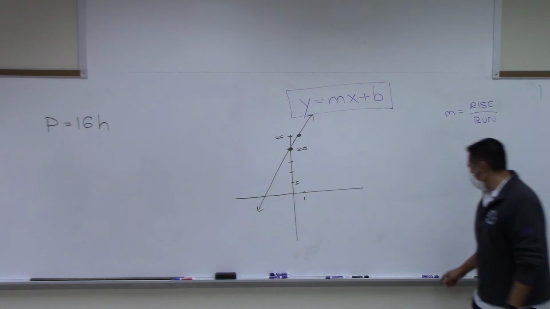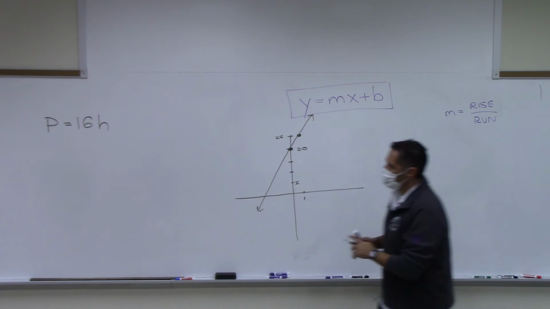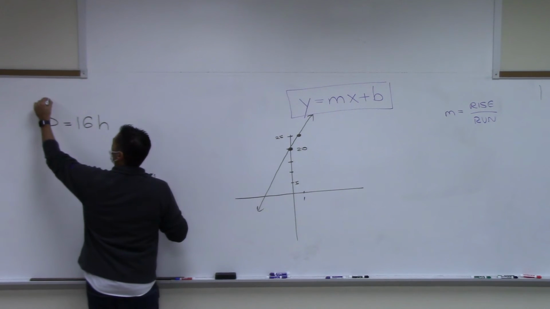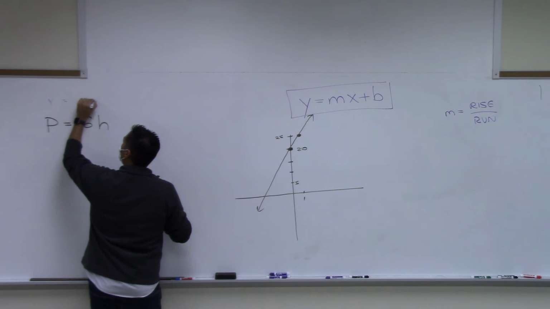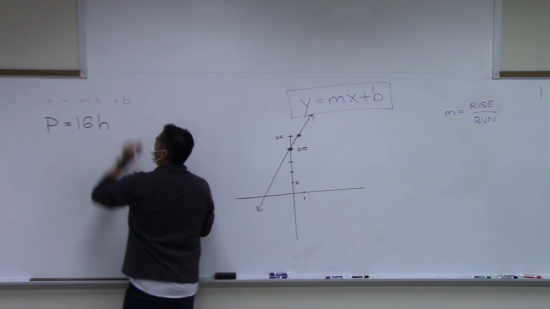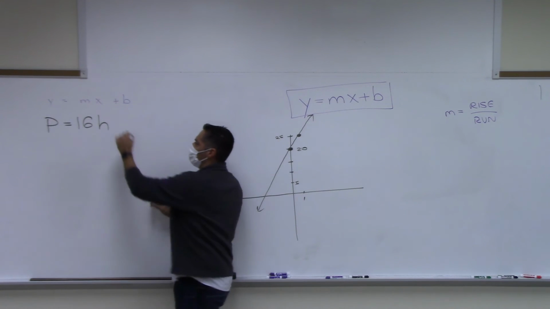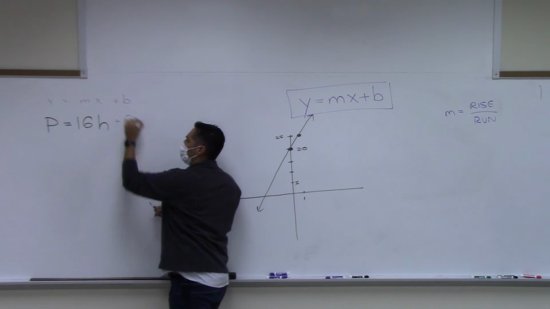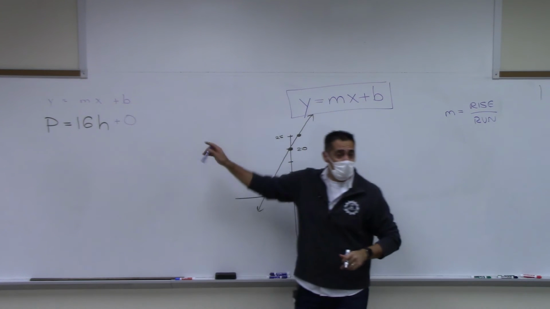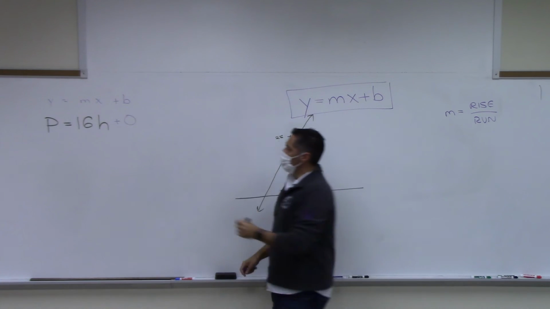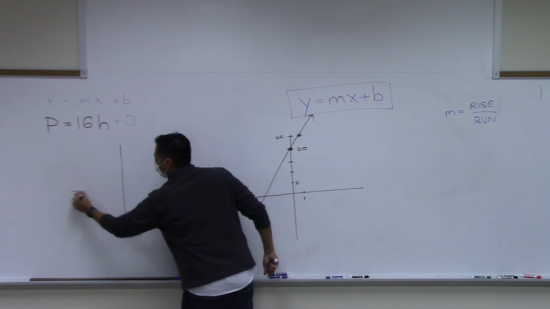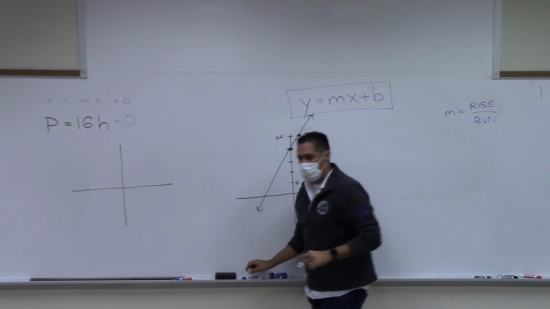And if we kind of look at that and squint our eyes, this is kind of like y equals mx plus b, right? Y equals mx plus b. Here, the b would be what? 0. So if I were asking you to graph this, you would go and start by putting a dot where?